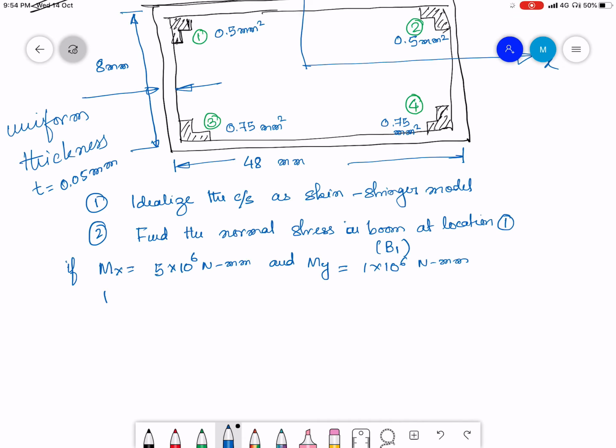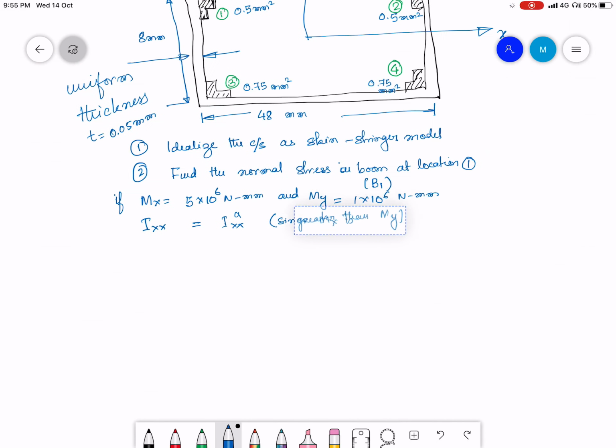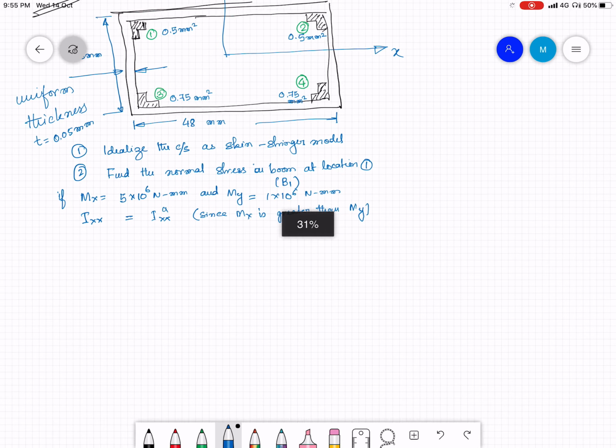So my Ixx should be equated to Ixx-A since Mx is greater than My. Okay, now where will be the location of the boom?